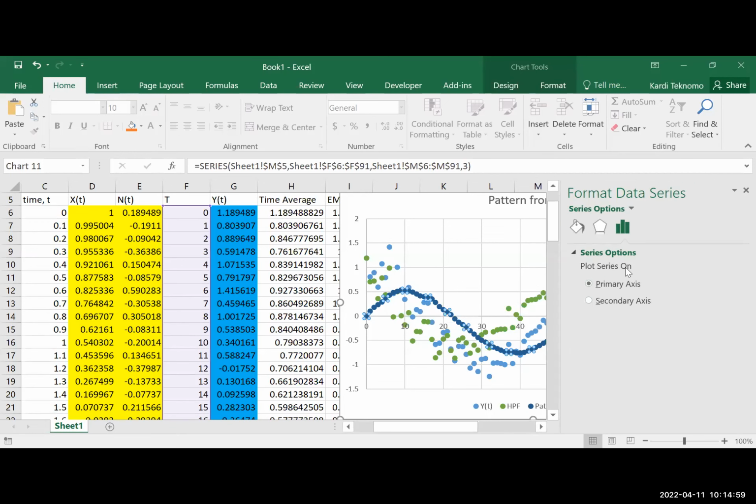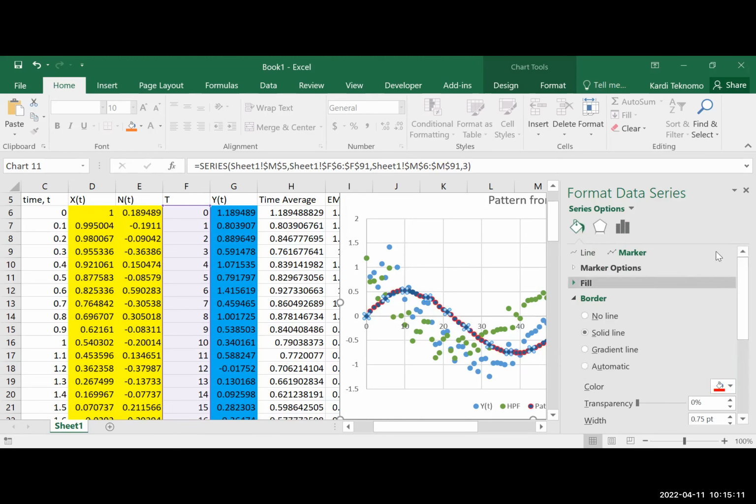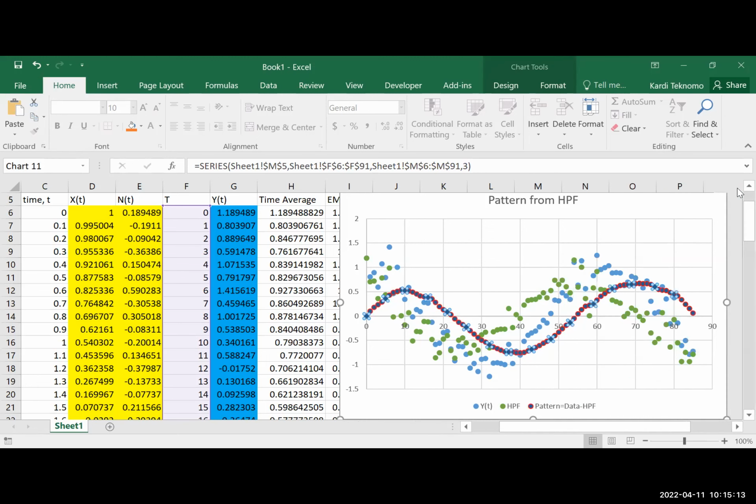Format data. The marker, I will change this marker to red so that you will see. So that pattern is the one in red.